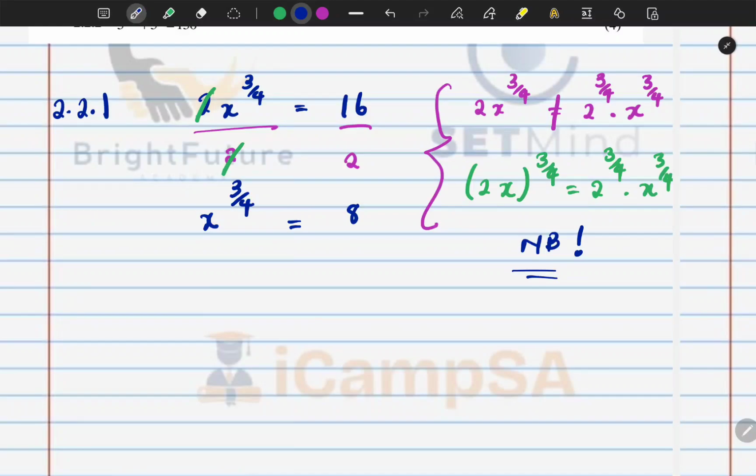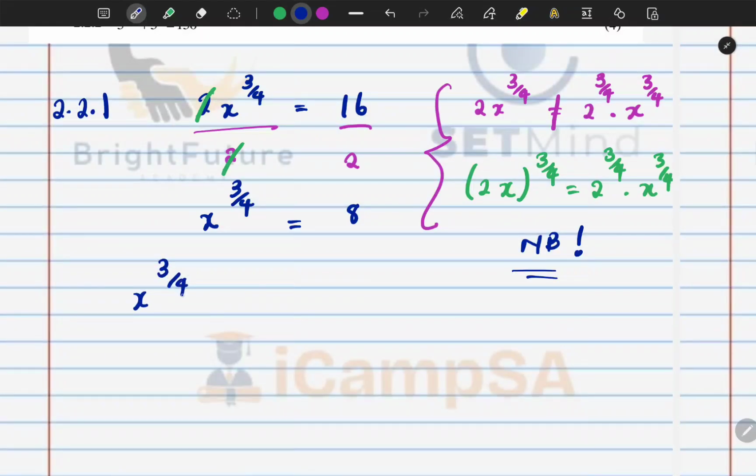Great. And then now we have x raised to the power of 3/4. If we want to cancel that exponent, we are going to multiply by the inverse. Remember, we need to solve for x.